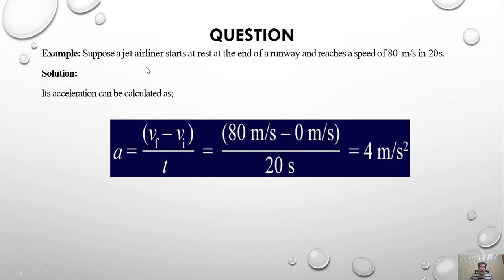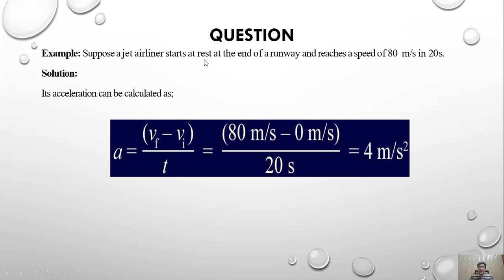So here is the question. Suppose a jet airliner starts at rest at the end of a runway and reaches a speed of 80 meters per second. Now see here, the jet airliner starts at rest, and you know at rest we have no motion, we are in a still position.